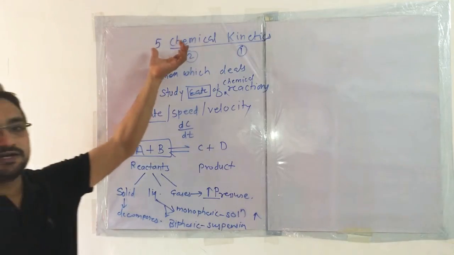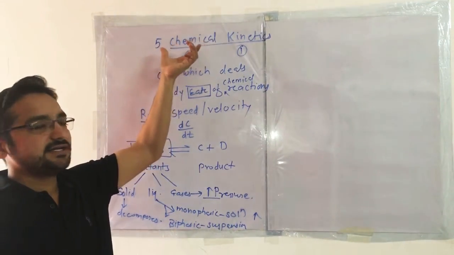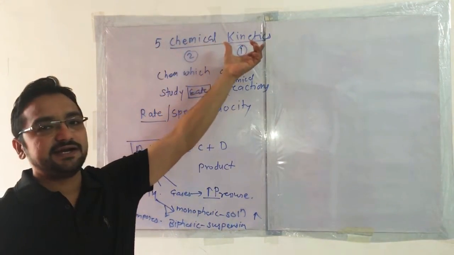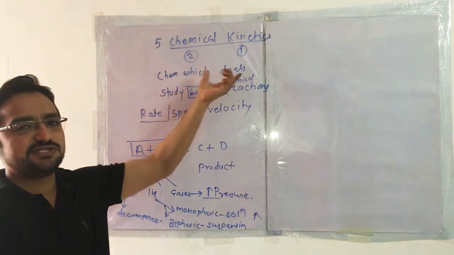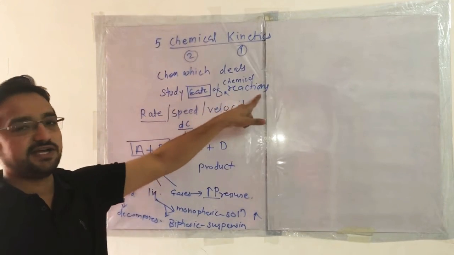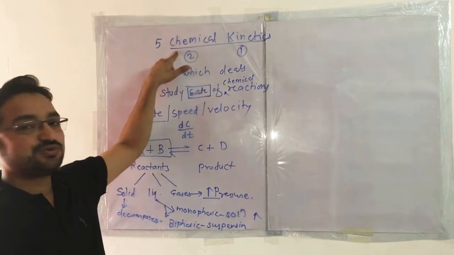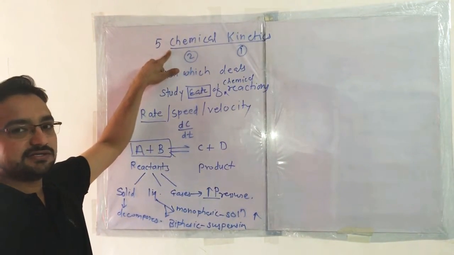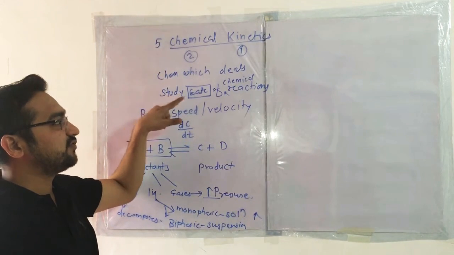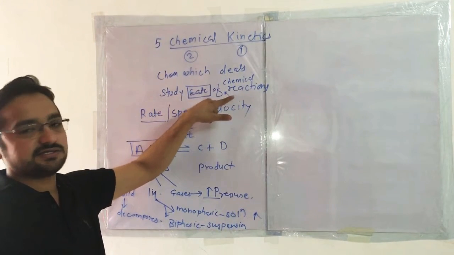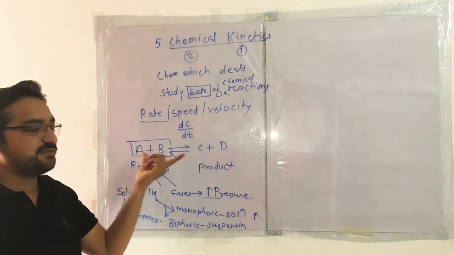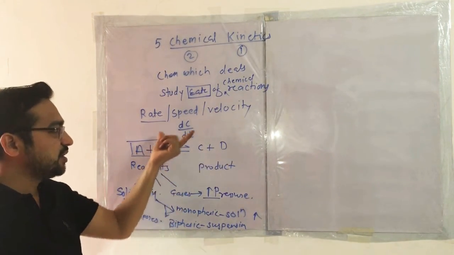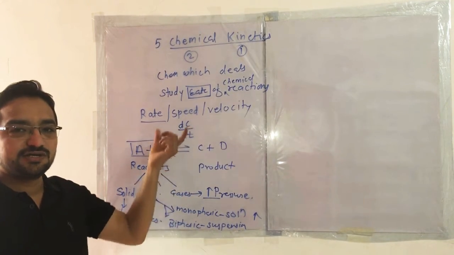Chemical kinetics comes from two words, chemical and kinetics. Kinetics is a branch of chemistry or biochemistry which deals with the study of rate of reaction. Here we are specifically talking about chemicals. Assume that your reactants A plus B give you C plus D. Then dC by dt is your rate.